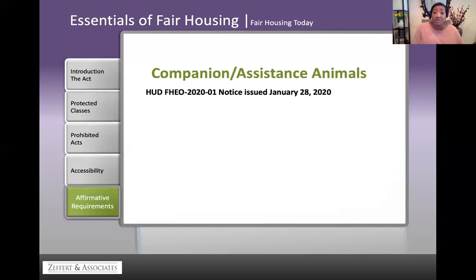So those particular breeds are not allowed, but yet another regulation tells me for fair housing, I have to allow them to be companion assistance animals. So you still have to take in that request if that person's assistance animal is a pit bull, and you have to determine, is it going to be reasonable? Is it going to cause an undue financial or administrative burden?